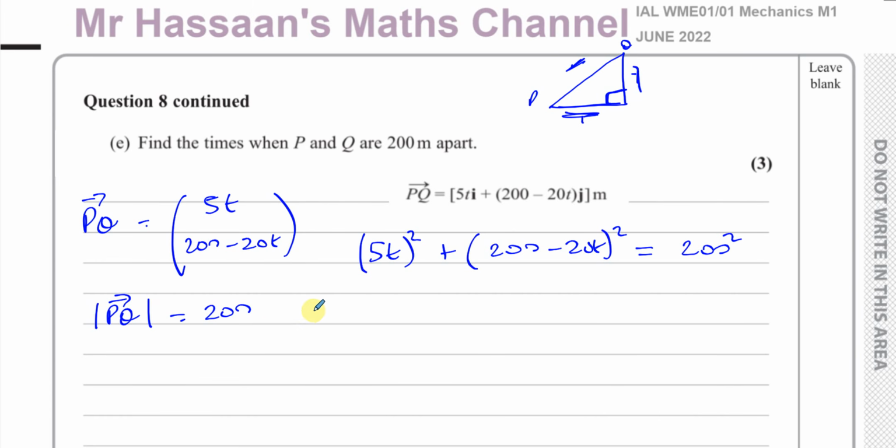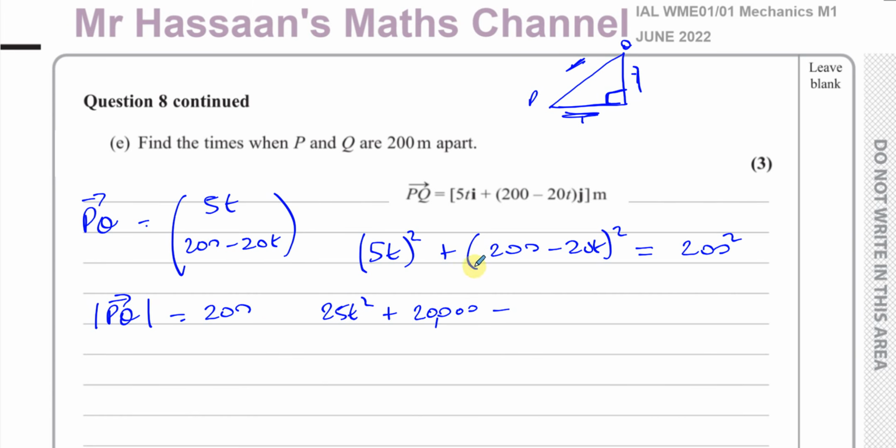We can expand the brackets. We have 25t squared plus 200 squared, which is 2 times 2 and then 4 zeros, 20,000. Then you multiply these together, you have negative 4, and you double it. So you multiply them together and then multiply by 2.